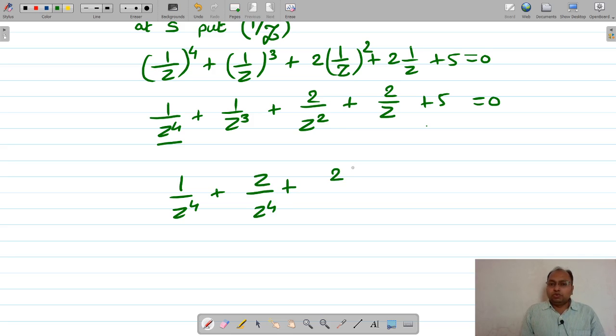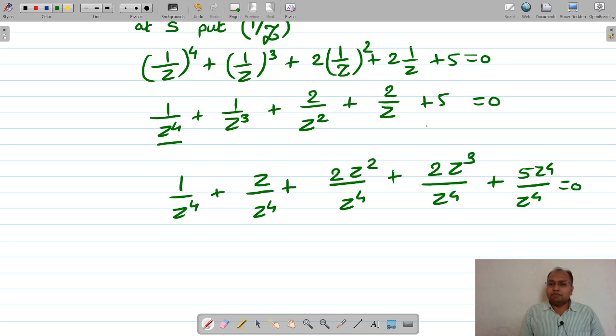Then 2z square divided by z raised to 4, where we have multiplied and divided by z square, plus 2z cube divided by z raised to 4, plus 5z raised to 4 divided by z raised to 4 is equal to 0.